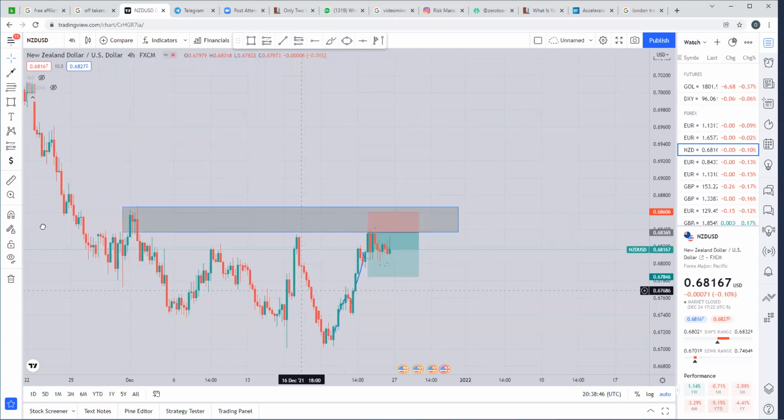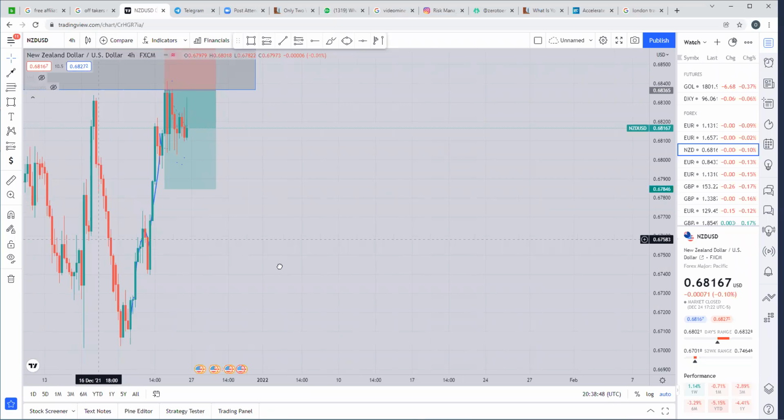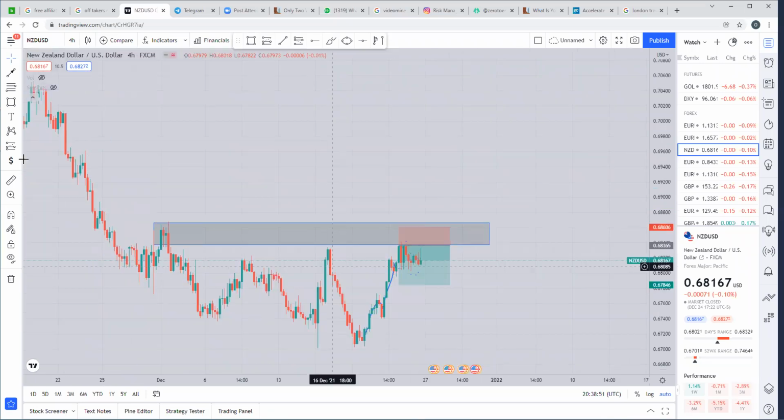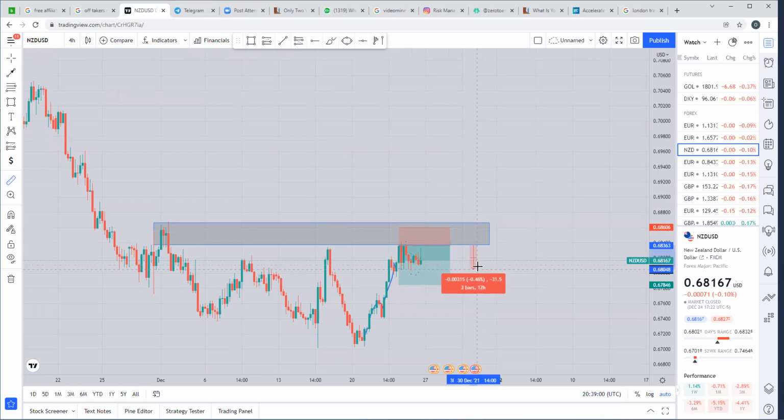I didn't take this trade on the real account, but I just analyzed it, and it's been moving, and so far so good. It has done how many pips now? It's only sitting on 28 pips, 27 pips, 17 pips. Okay, not a bad one, actually, not a bad one.